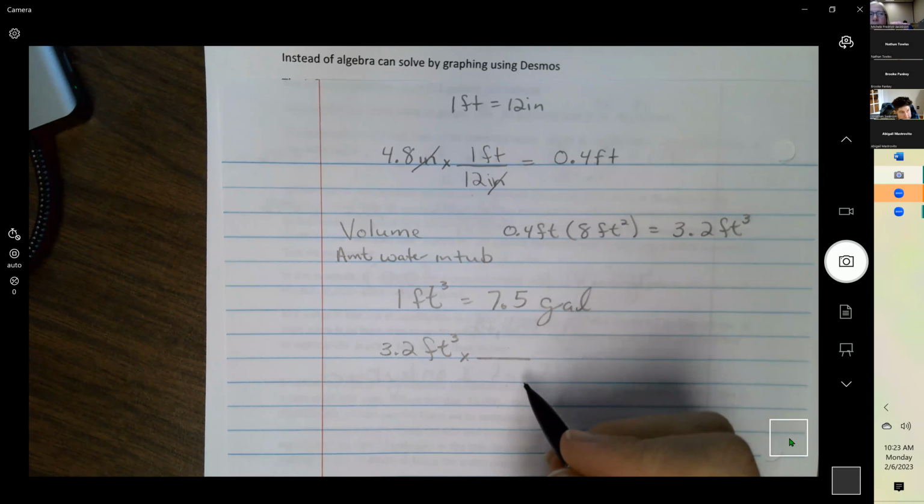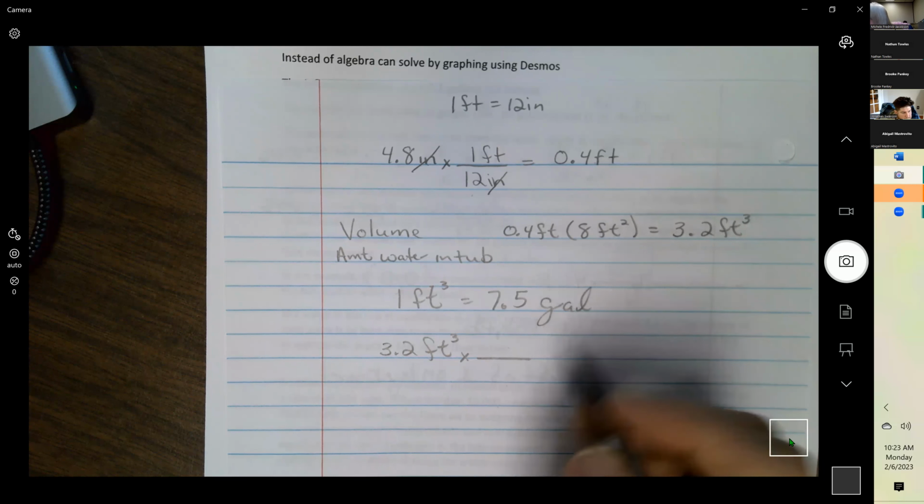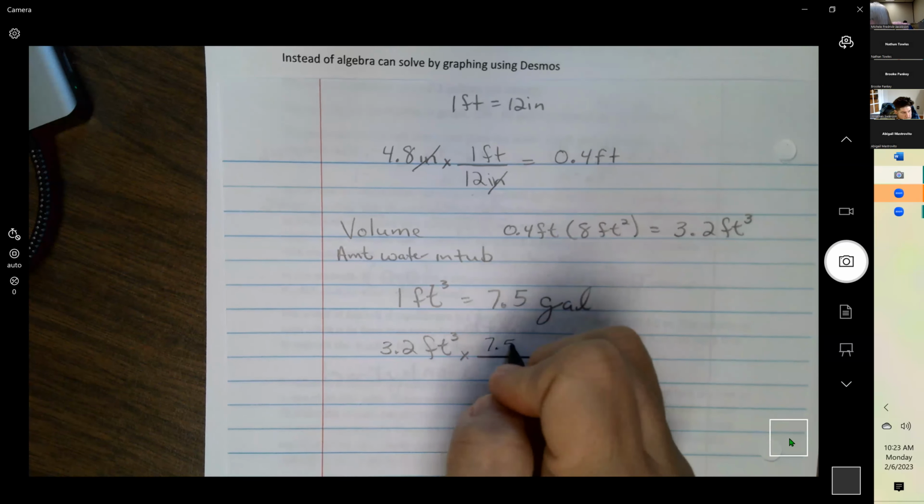Anyone? You could type it in the chat. On top. We're putting gallons on top.